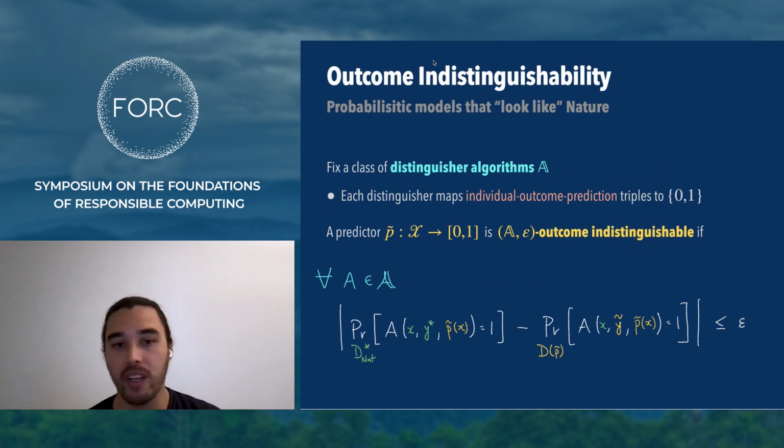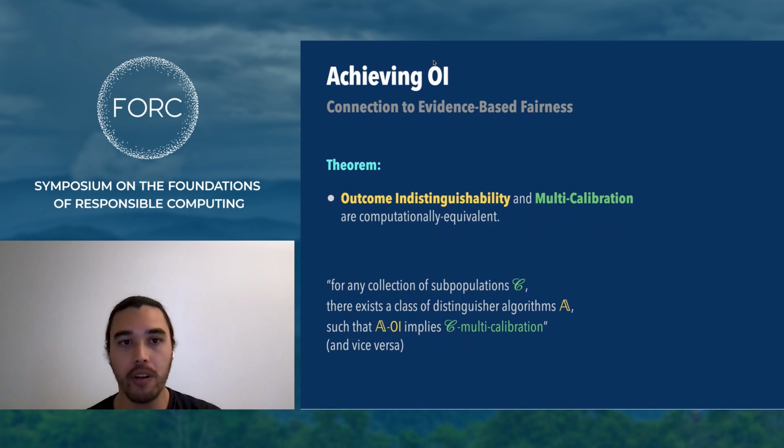So in the paper, we explore variants of this OI definition, studying their properties as learning desiderata. One of our main results connects OI to multi-calibration. We show that outcome indistinguishability essentially encodes the same requirements as multi-calibration, which is a notion that's been studied in the context of fair prediction that aims to ensure predictions are calibrated across computationally identifiable subpopulations.